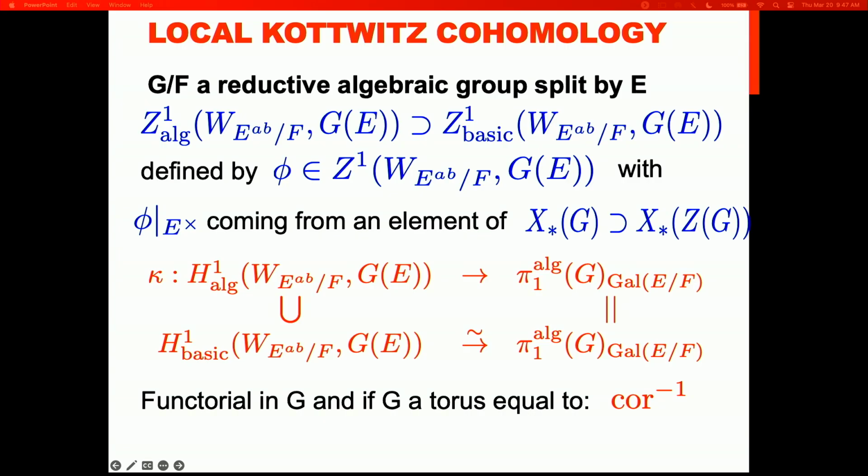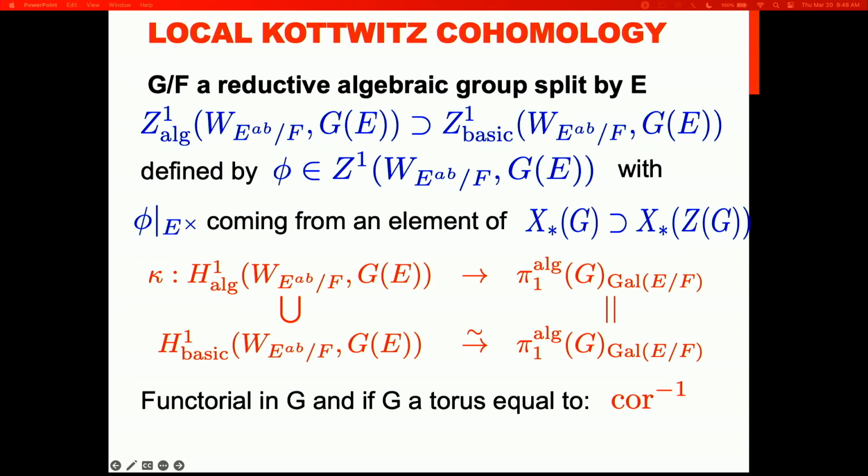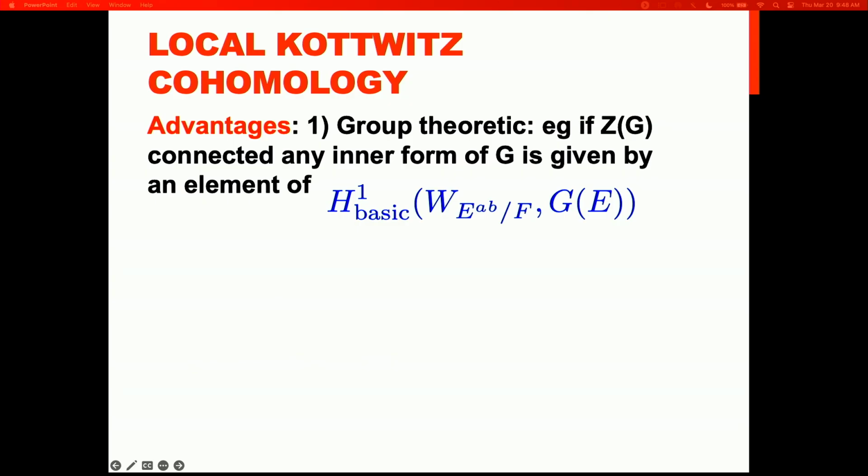And what Kottwitz showed was that if we look at the inverse of the co-restriction map, there's a unique way to extend it to all reductive groups, that's functorial in the group G. And more than that, he showed that in this setting, if I restrict it to the basic cohomology, it actually gives an isomorphism.